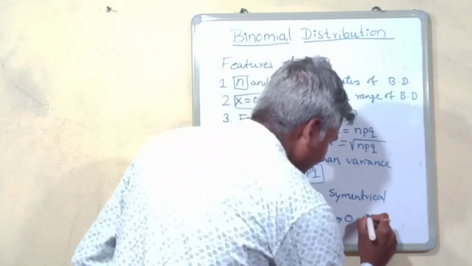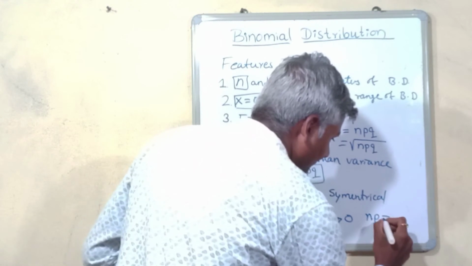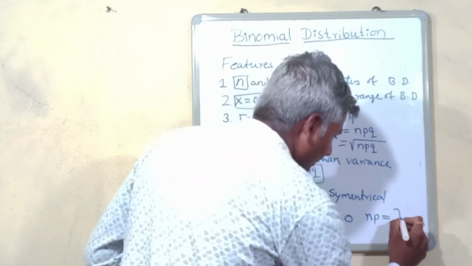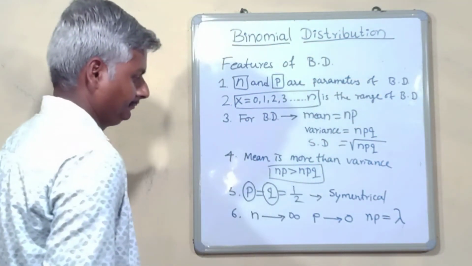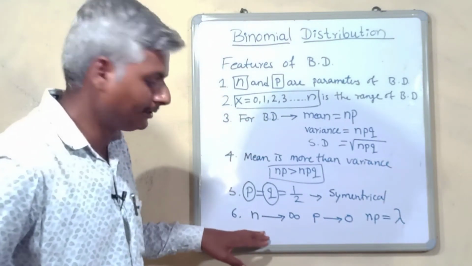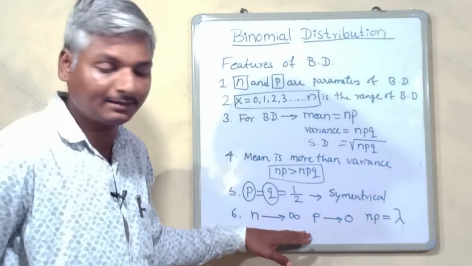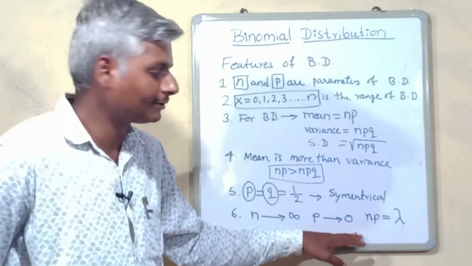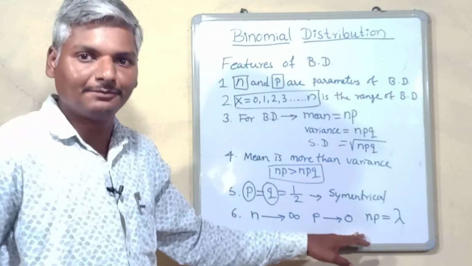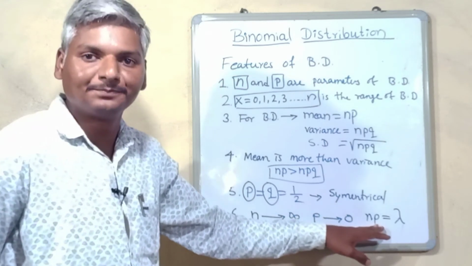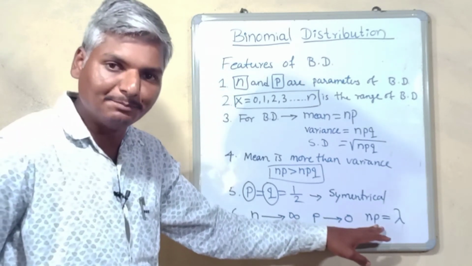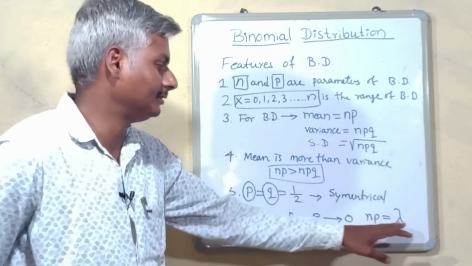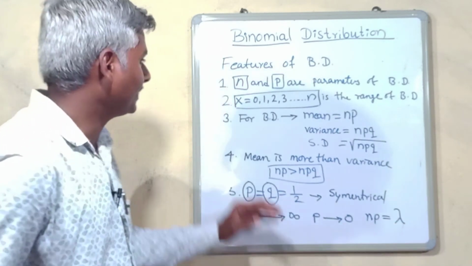Then np, that is the mean, we denote by lambda. The mean of Poisson distribution is denoted by lambda.